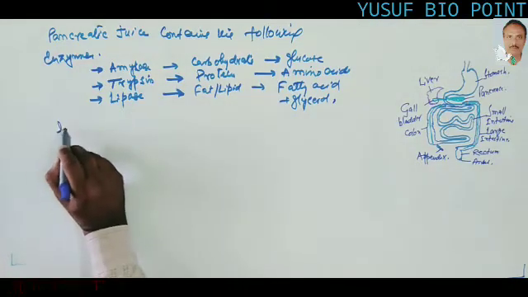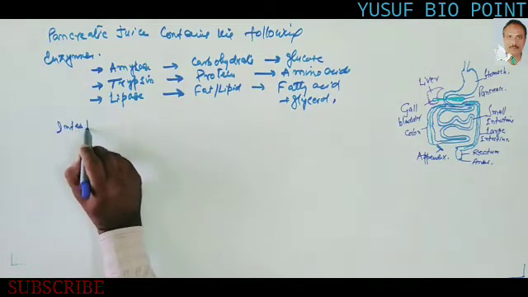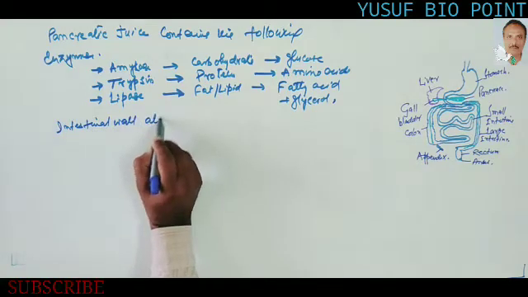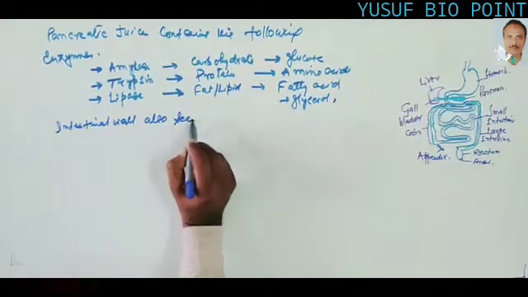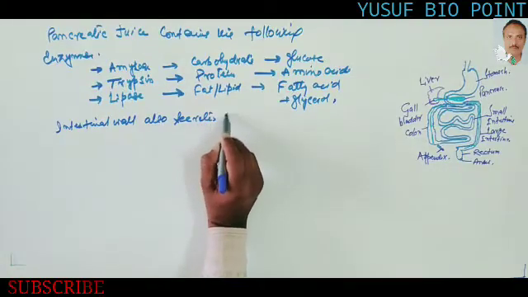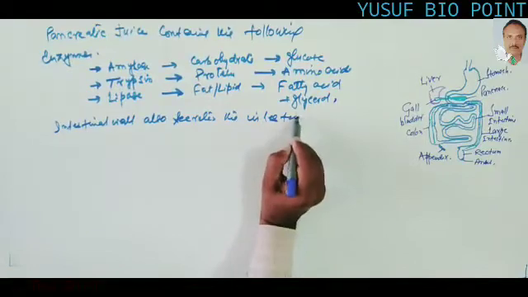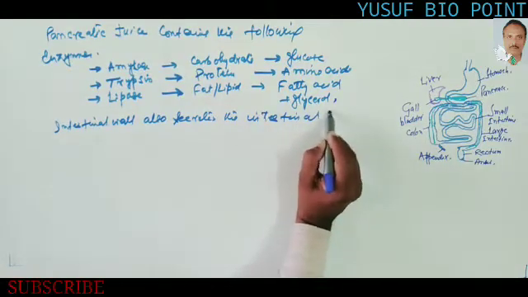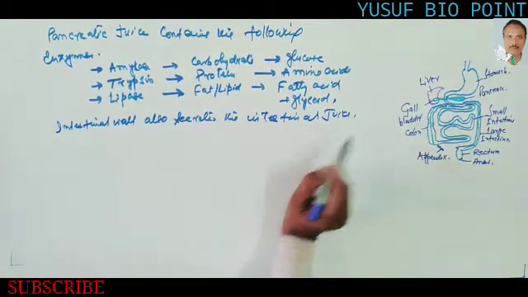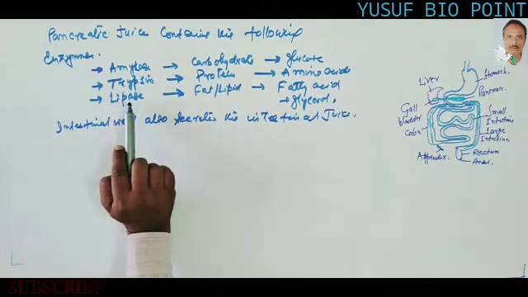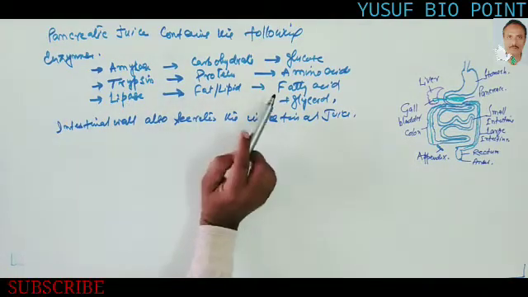And the intestinal wall also secretes the intestinal juice, which also contains amylase, trypsin and lipase, and they also help in the digestion.